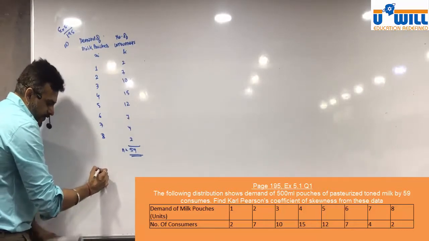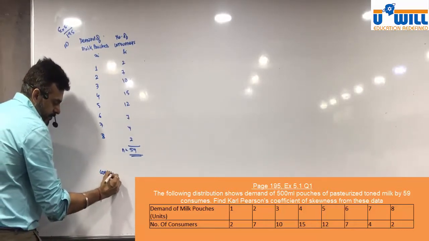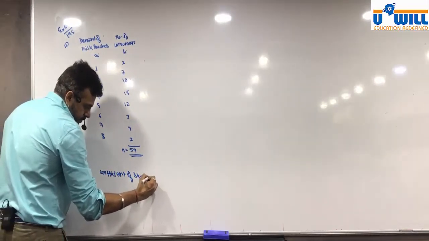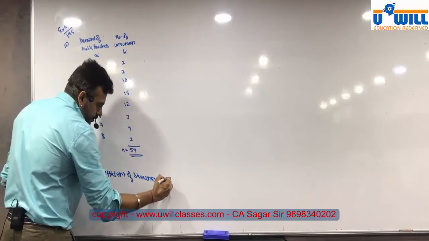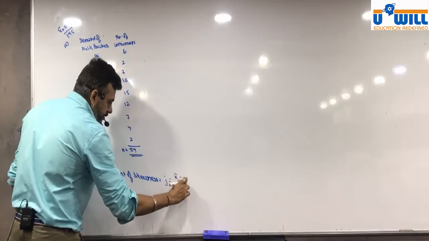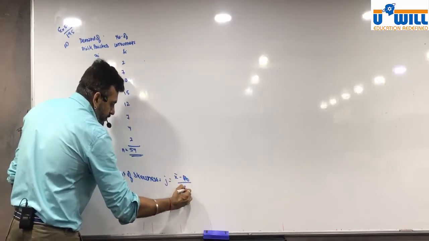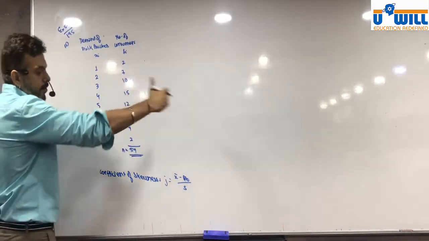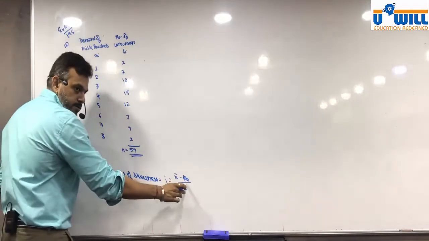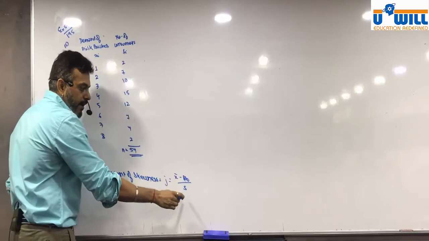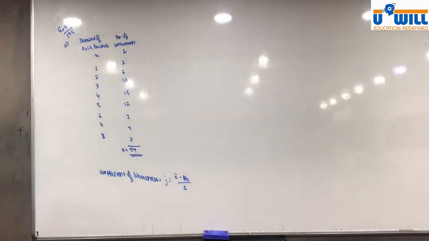We have to find the coefficient of skewness, J is equal to x bar minus mode upon standard deviation. So what do we have to find? That will decide the columns. Now we have to find mode, which is already available: mode is equal to 4. We have to find mean and we have to find standard deviation. Now over here, first let's find out mean.